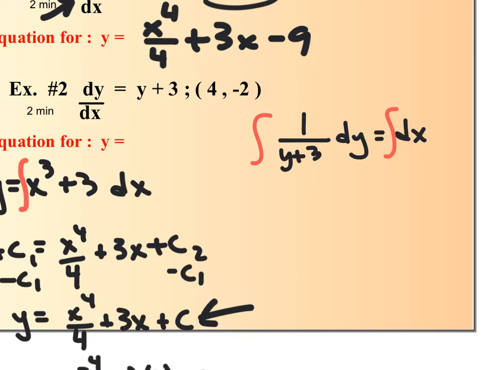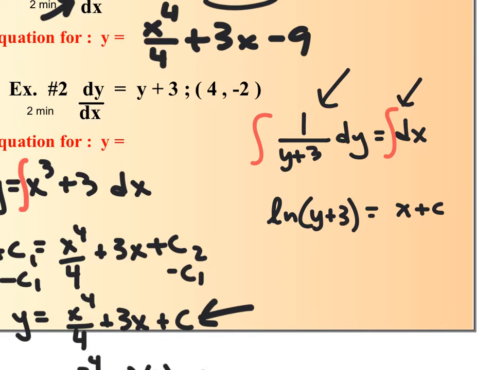So what would I get here? I'd get the natural log of y plus 3, plus c, which I'm going to end up bringing over to the other side, equals x plus c. Did you follow it? I just integrated on both sides. That would be the natural log of y plus 3 plus some constant, and then the integral of 1 dx would just be x plus c.